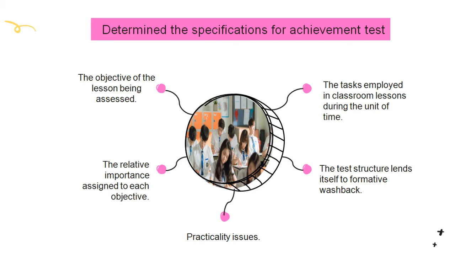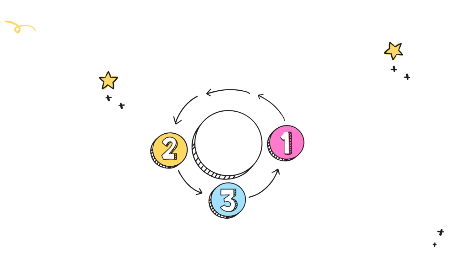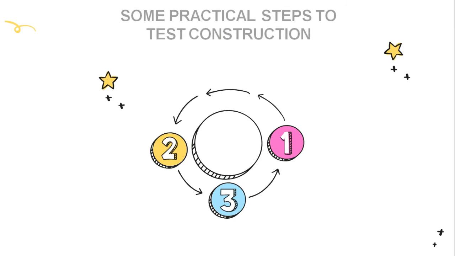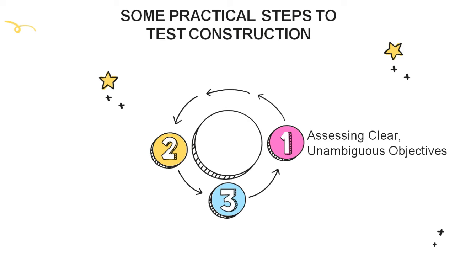After knowing the test types, now I'm going to explain how to construct a test step by step. So first, assessing clear and ambiguous objectives. So, you need to examine the objectives for the unit you are testing.